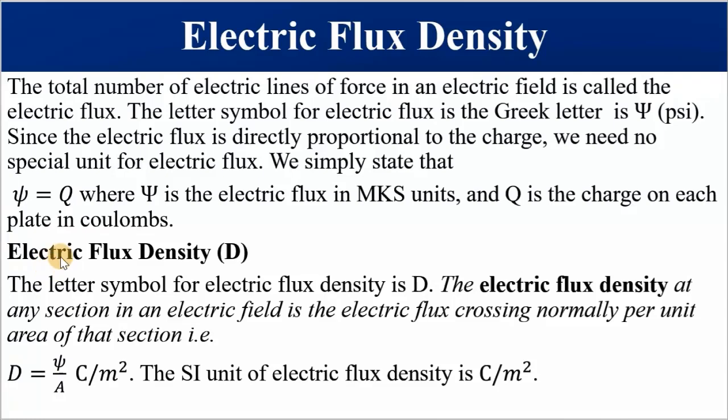This is what we call electric flux density, and its symbol is D. It is the electric flux crossing normally per unit area of that section. That is to say, electric flux density is equal to electric flux divided by the area, and the unit is coulomb per square meter. So this is electric flux per unit area.